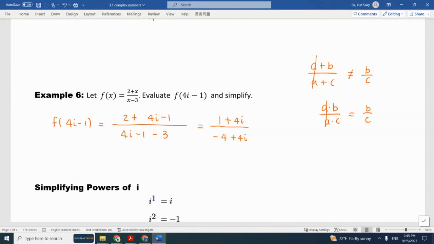Do you agree? Conjugate is where you change the middle sign from plus to minus. But this number is so big. Actually, for this problem, you can simplify the process a little bit. Can you see the denominator? You have a common factor, 4. Let's factor out the 4. Can you see I also have a negative here? So I can also factor out the negative. So let's factor out negative 4.